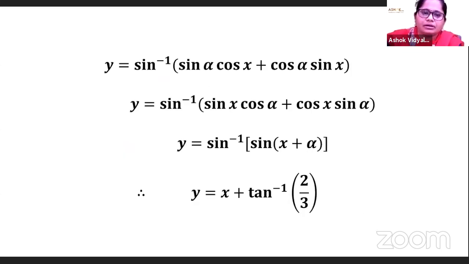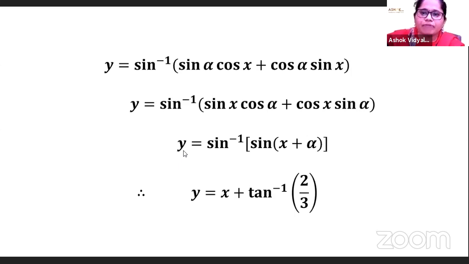Hence, we express our function in the form y = sin⁻¹(sin α cos x + cos α sin x). Hence, y = sin⁻¹(sin x cos α + cos x sin α), and this is the formula for sin(x + α).